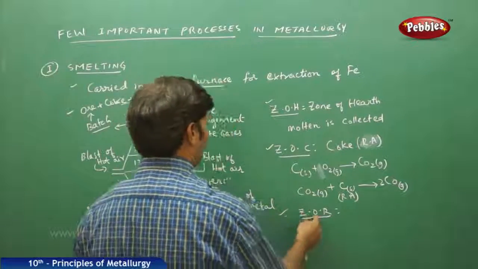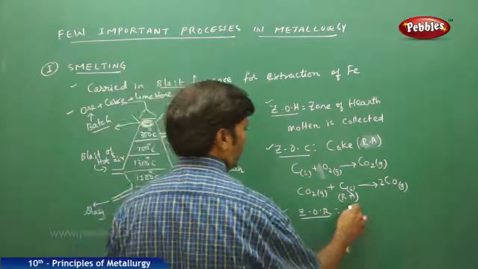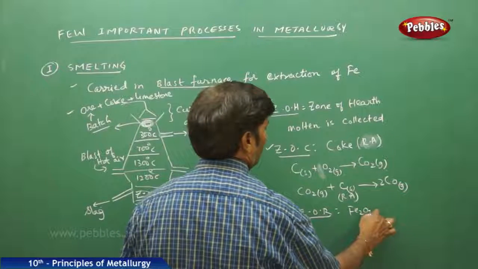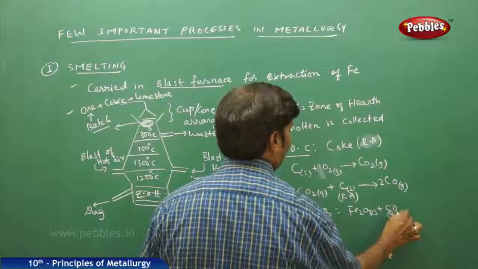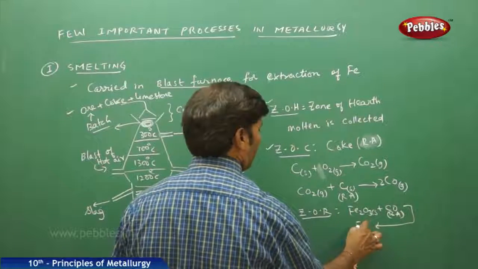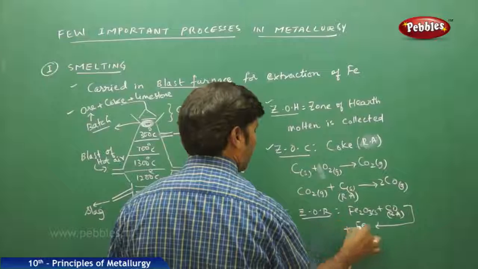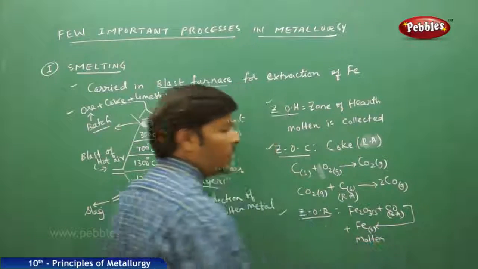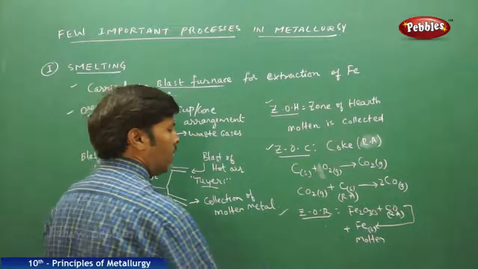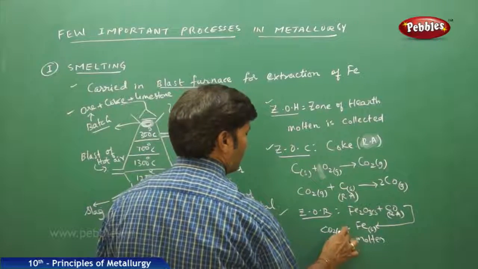So here in the zone of reduction, the ore is Fe2O3 solid plus carbon monoxide acting as reducing agent. It gives iron plus carbon dioxide, iron solid, molten iron, and it gives carbon dioxide as a byproduct.